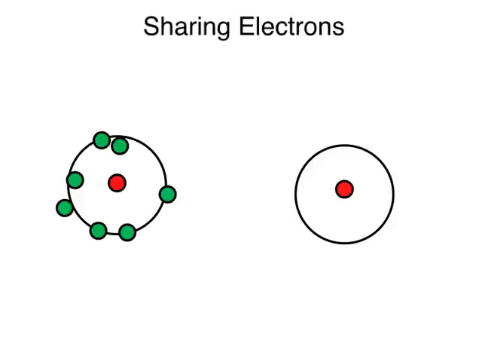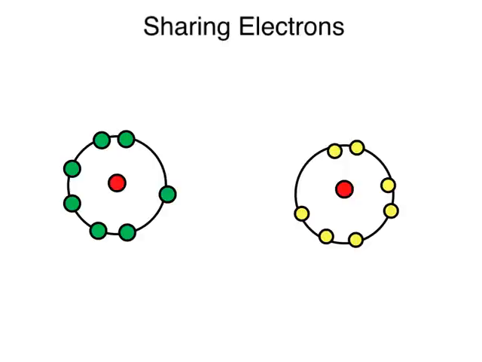Right, let's just tidy these up a bit. Okay, so we've got 7 in there, and then 7 in here. So we've got 7 electrons in each one.